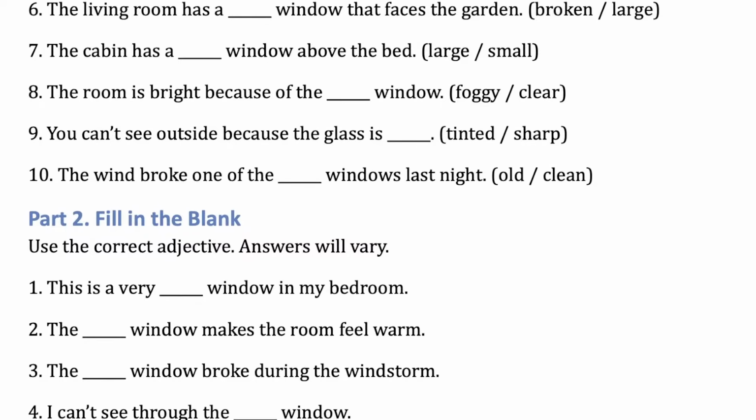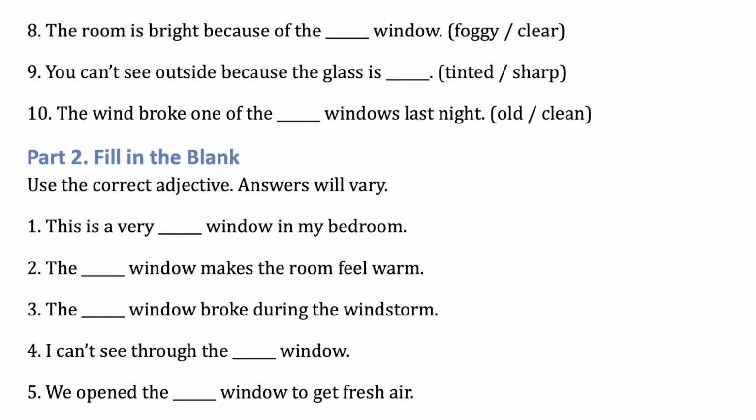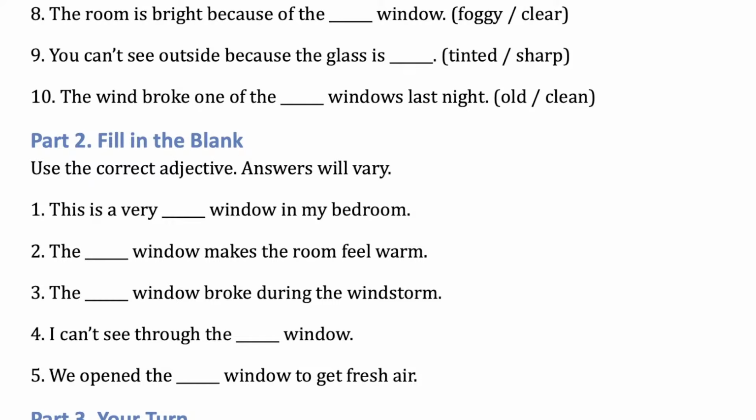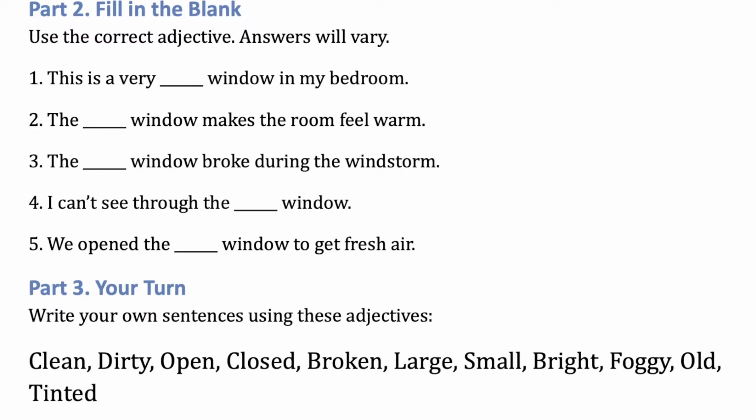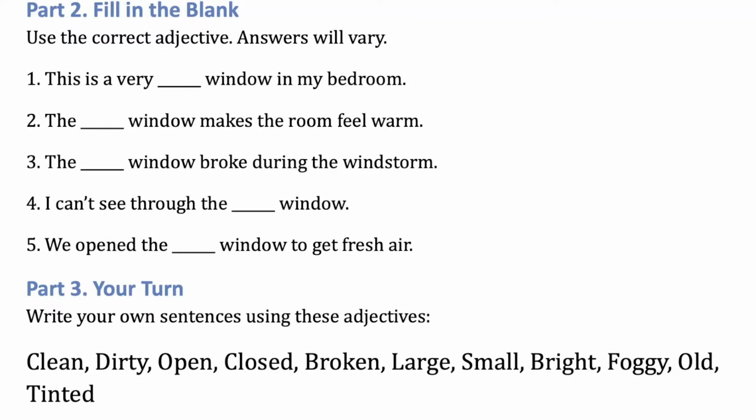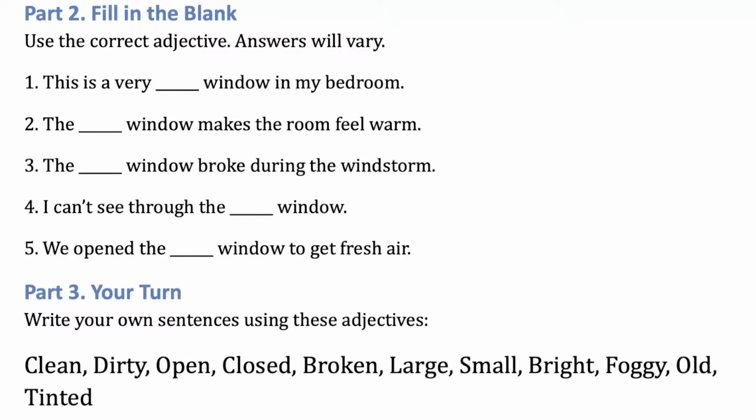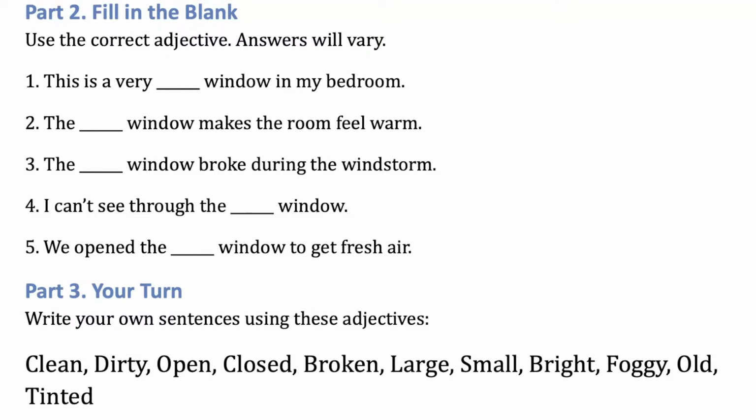Then part 2, you choose an adjective for the sentence. Now part 3, you're going to make a sentence using one of the adjectives: clean, dirty, open, closed, broken, large, small, bright, foggy, old, tinted.